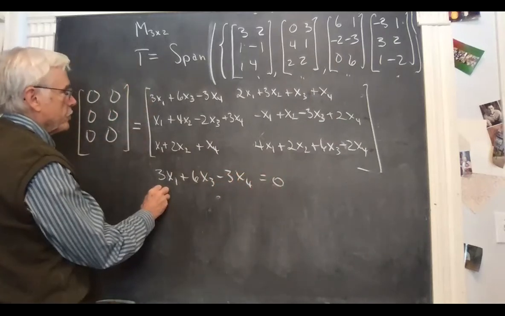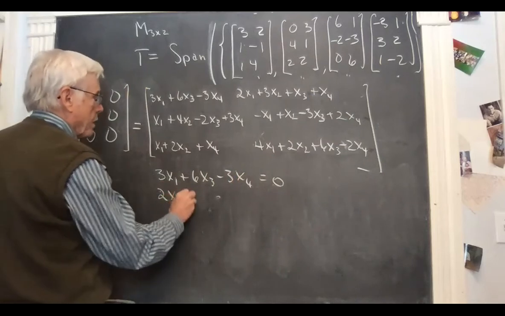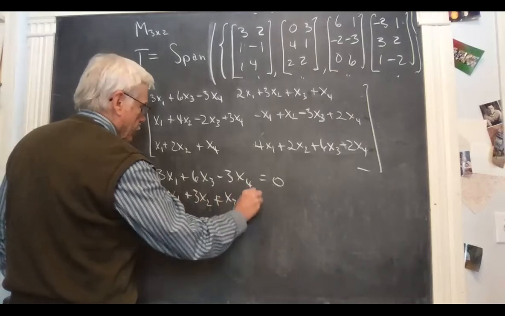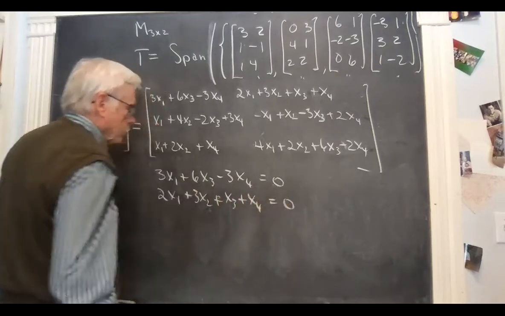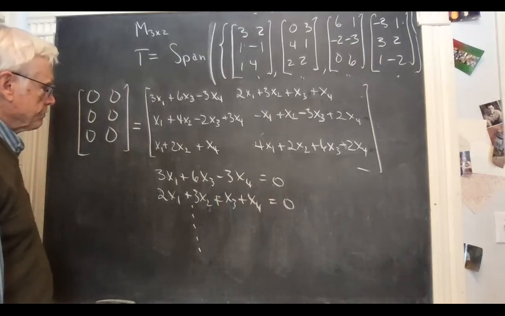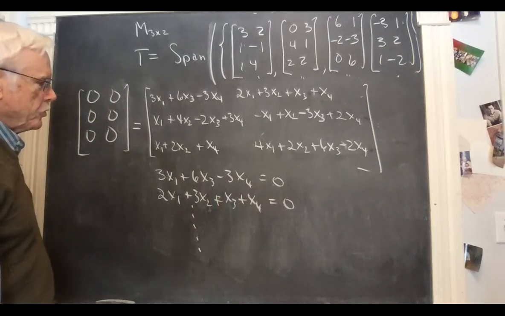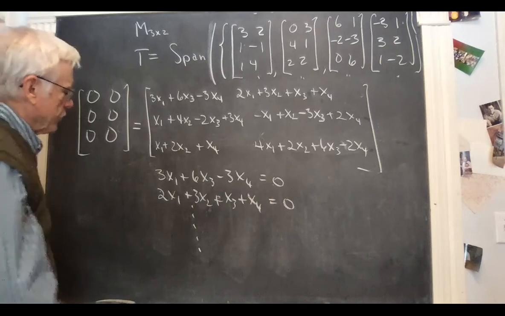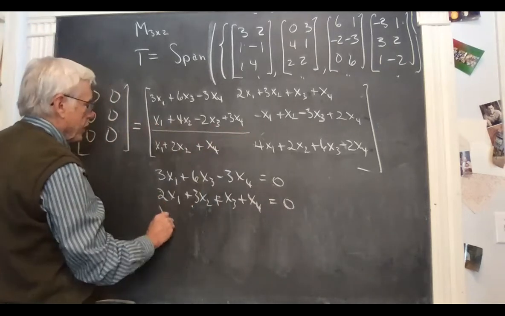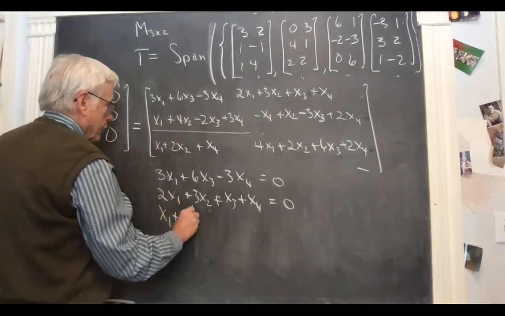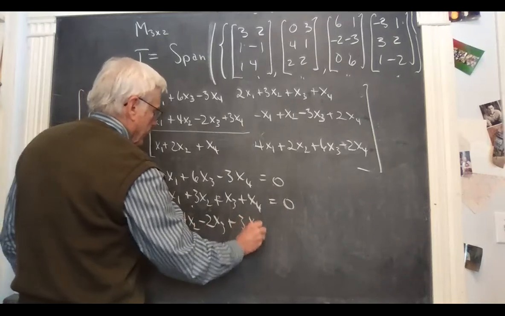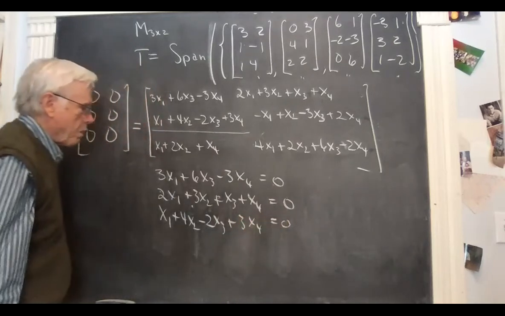The next equation is 2x1 plus 3x2 plus x3 plus x4 equal to 0, and so on. Maybe I'll write the next one just to be clear: x1 plus 4x2 minus 2x3 plus 3x4 equal to 0.